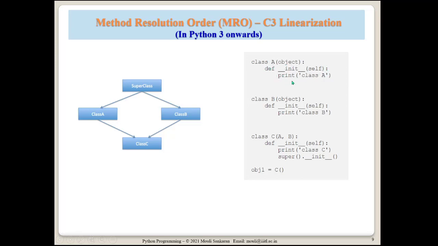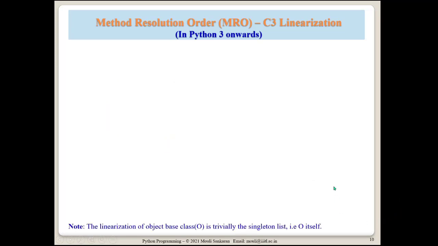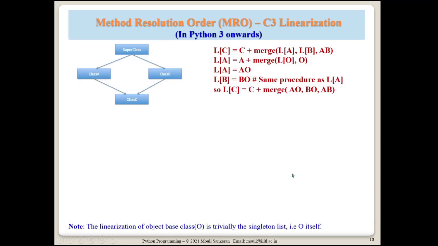And in init, self print class A, and then class B is taken from object. Only thing is I should have written it as object. And then class C is from A comma B, and I'm printing class C and calling the super init here. Okay, so that's the implementation for this.